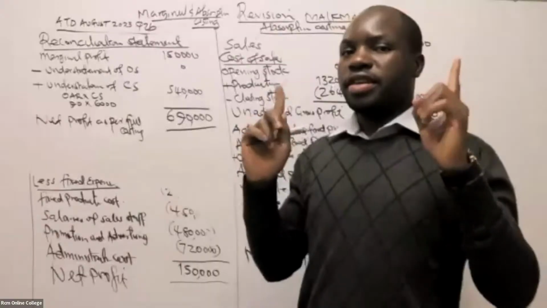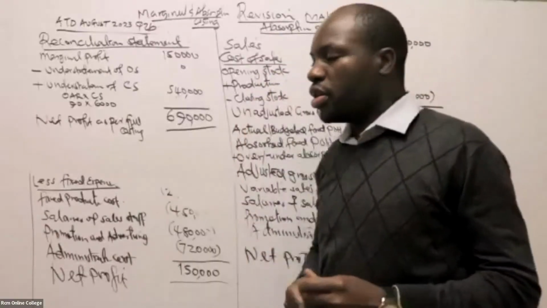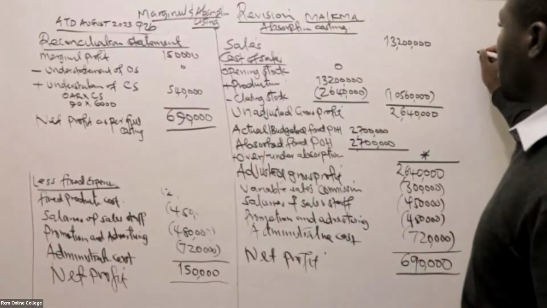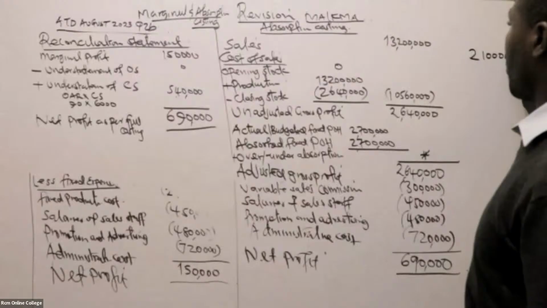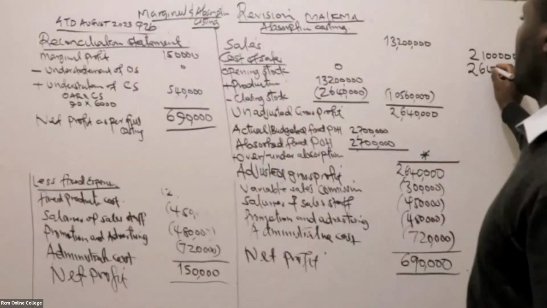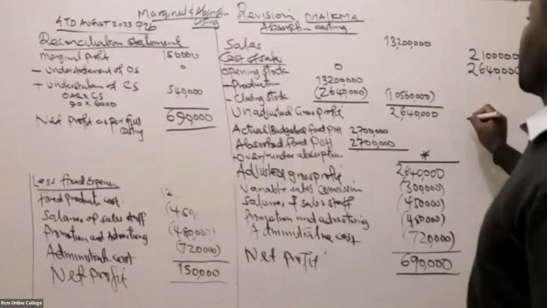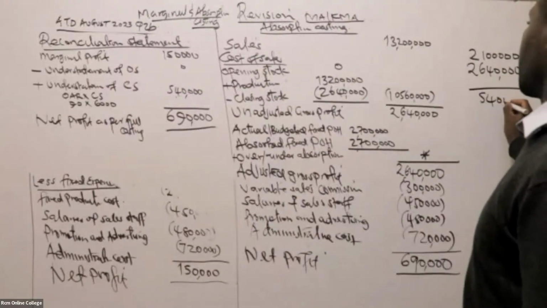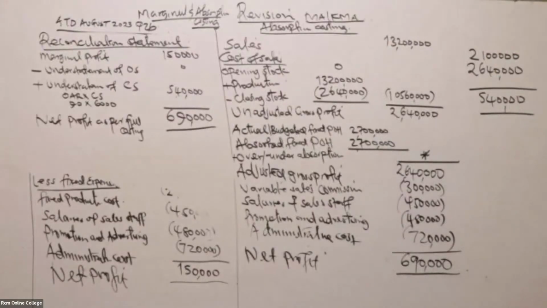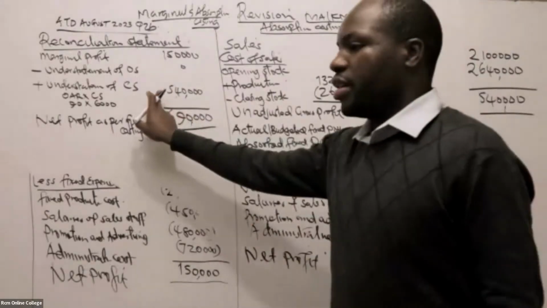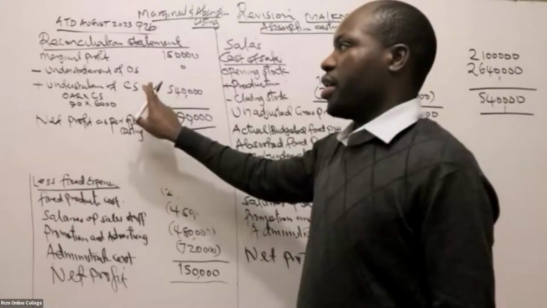Is it true that if you get the difference between the value of closing stock as per marginal and as per absorption costing, you are getting 540,000? And that is what you're actually writing here.